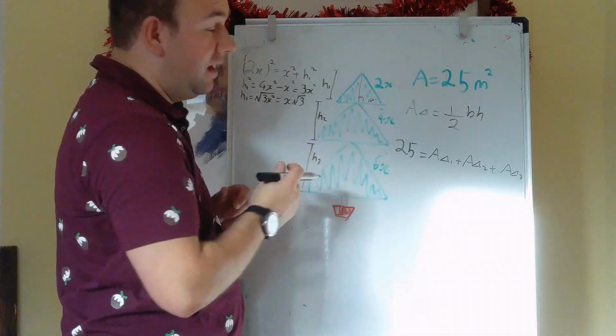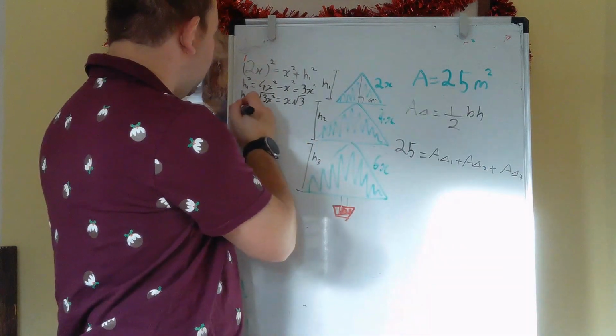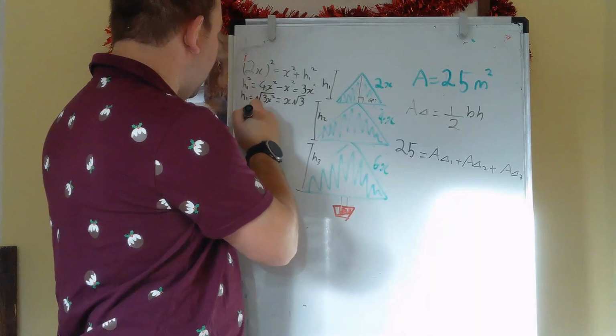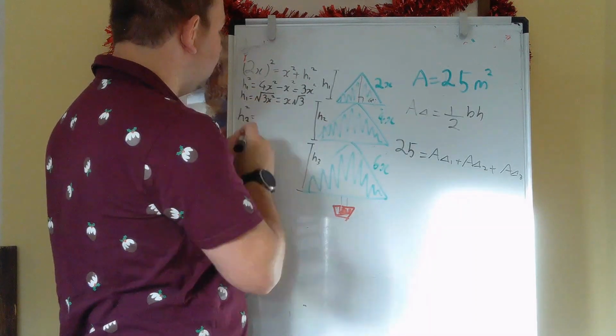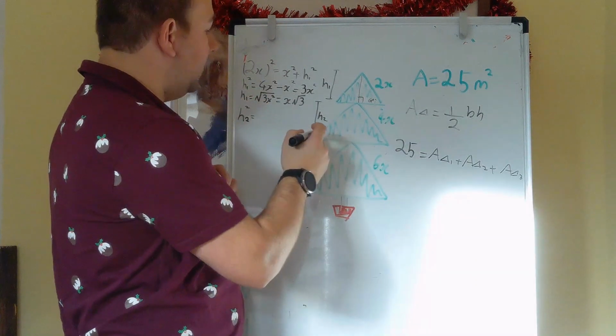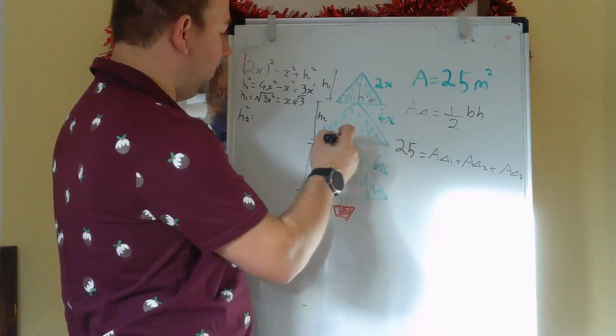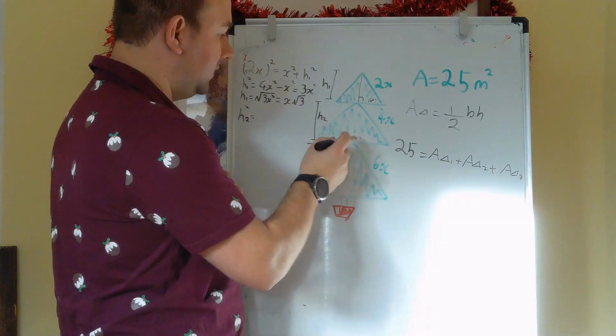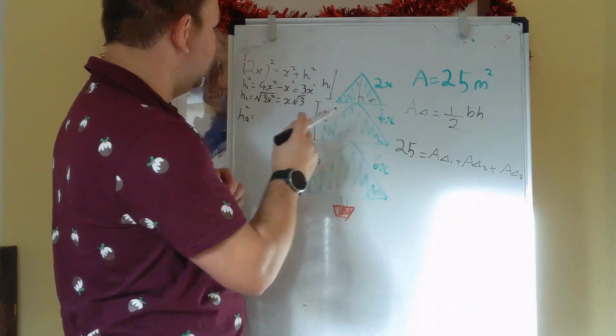So I can now do similar for these other triangles. So h2 squared is going to be the base squared, which is 4 squared in this case.